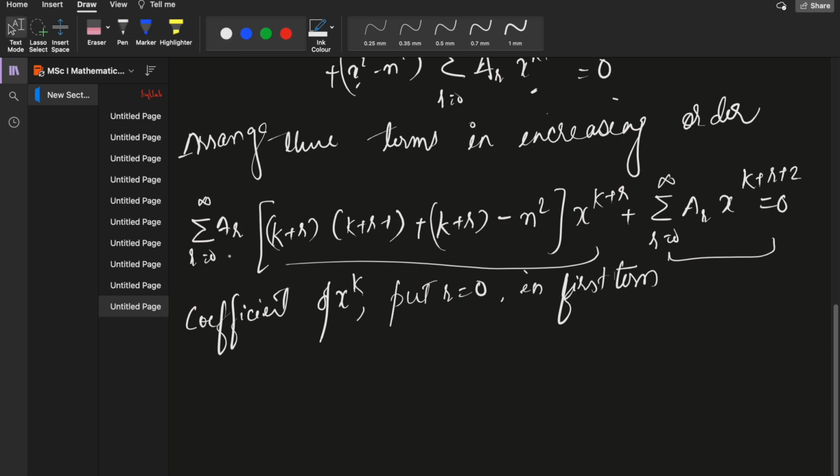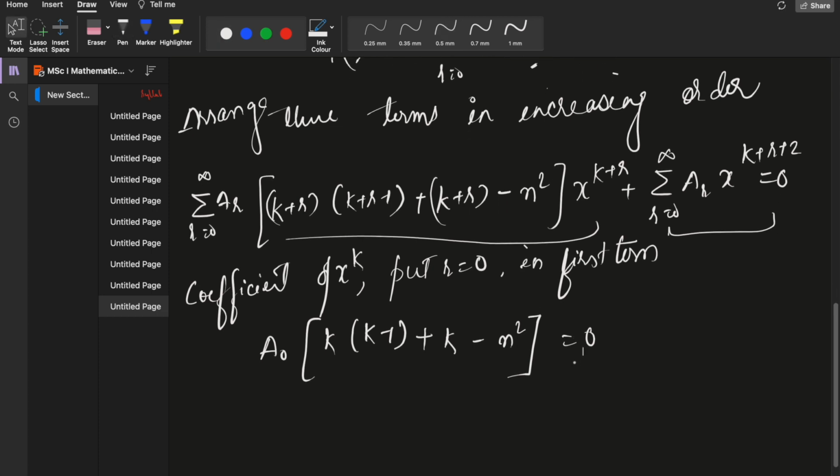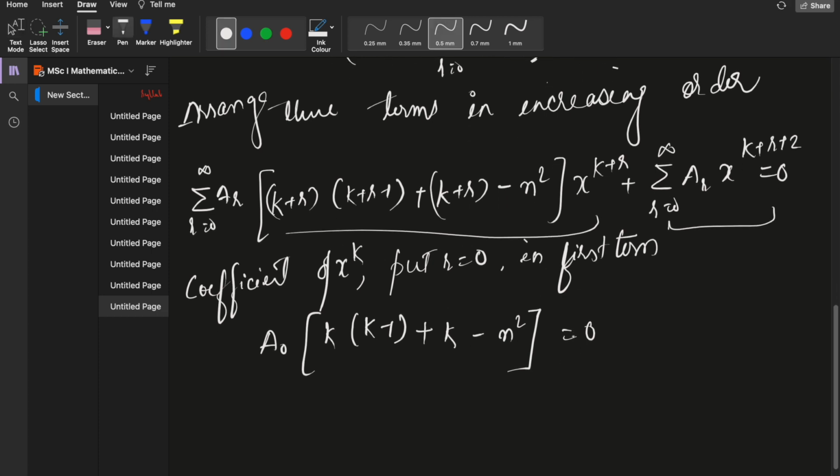So this will give me how much? a0, a0. This will give me only k, this will give me k minus 1, plus k minus n square equals to 0. There is no other term. The coefficient is 0, that must be 0. So I can take k common.